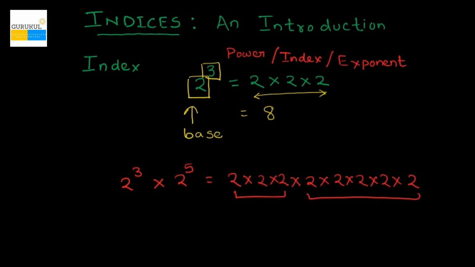I can write the reverse of 2 times 2 times 2 as 2 to the power 3. Similarly, over here you have 8 twos multiplied, so that is equal to 2 raised to the power 8. So 2 raised to the power 3 times 2 raised to the power 5 equals 2 raised to the power 8. There is a relation between 2 raised to the power 3 times 2 raised to the power 5 that gives you 2 raised to the power 8.